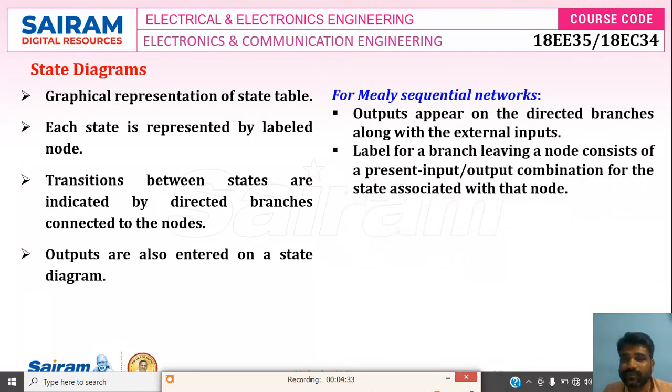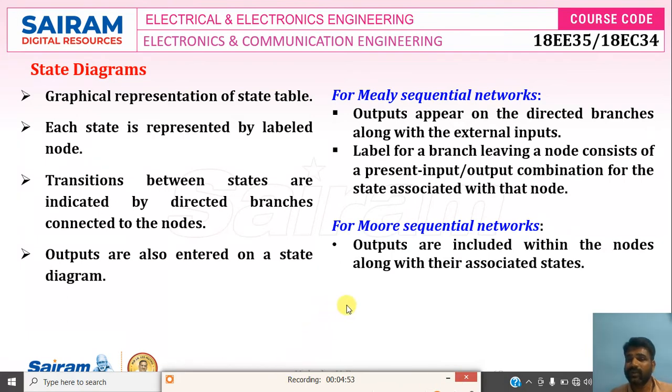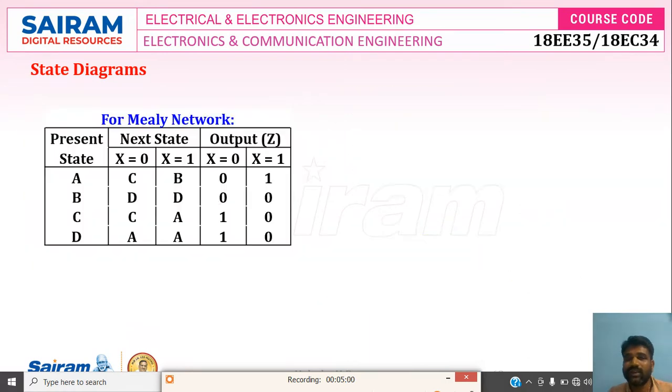The label for a branch leaving a node consists of the present input / output combination for the state associated with the node. That means on the directed branch we represent both input and output. For a Moore sequential network, the output is included within the nodes along with their associated states.